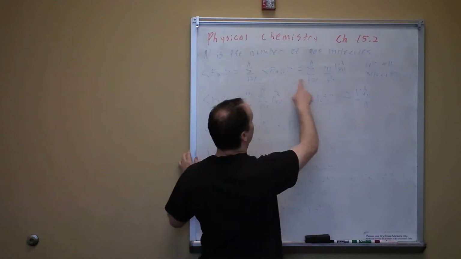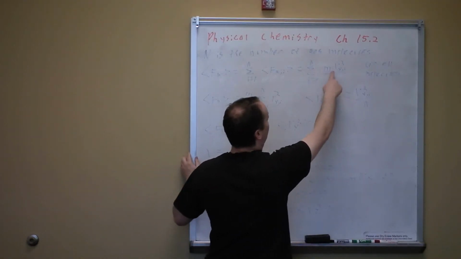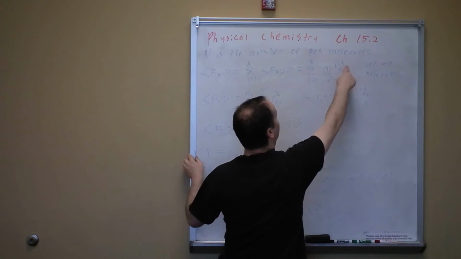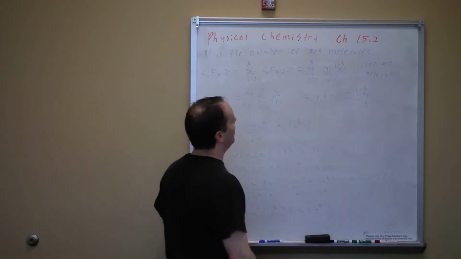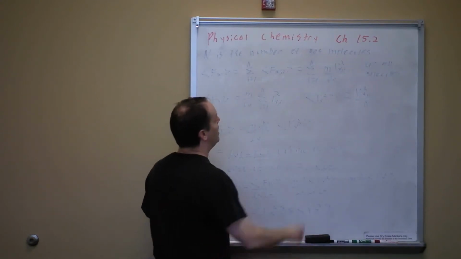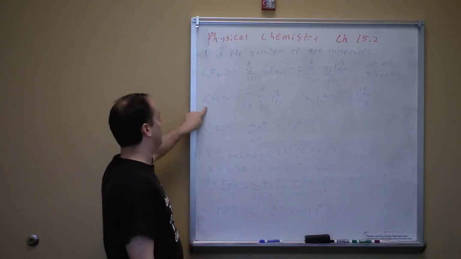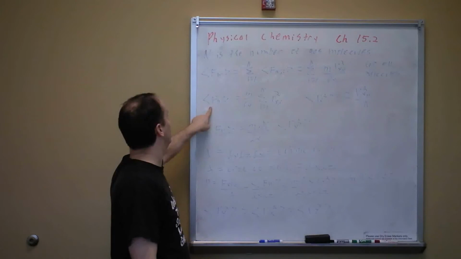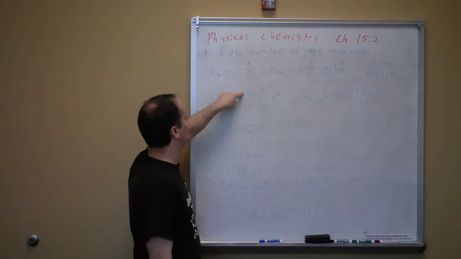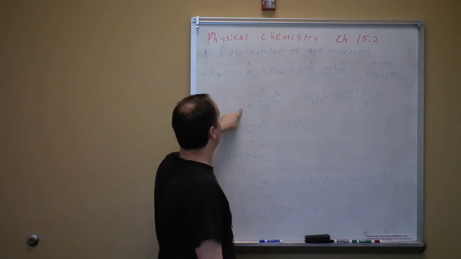So that's going to be equal to the sum of the mass times the y component of velocity squared divided by the length of the box in the y dimension. And this sum, remember, could be for all the molecules in the box. So the average force against the wall is going to be equal to mass divided by the length in y.